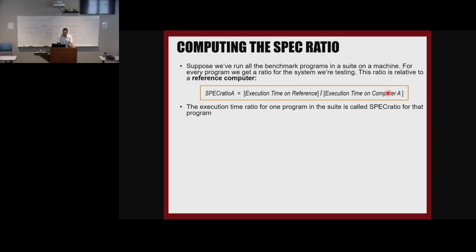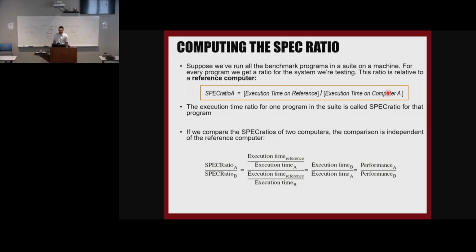This is the SPEC ratio, right? You can also ignore the reference computer and directly compare two computer systems by using SPEC ratio A over SPEC ratio B. This is how it happens, because if you put this equation in, the execution time of the reference is going to be canceled.